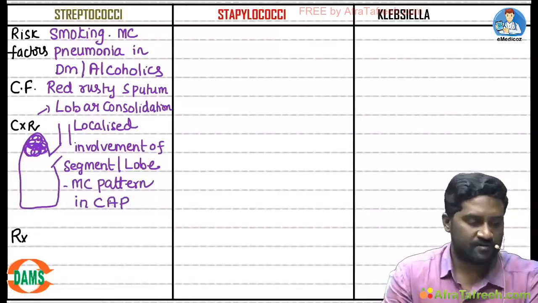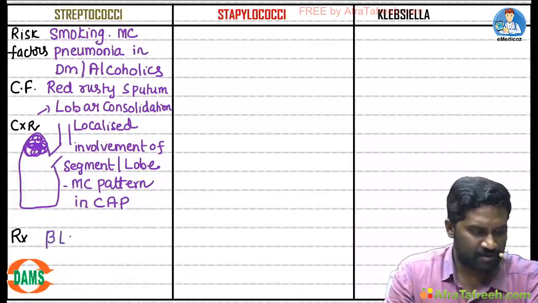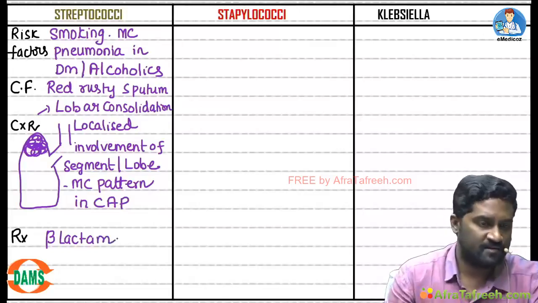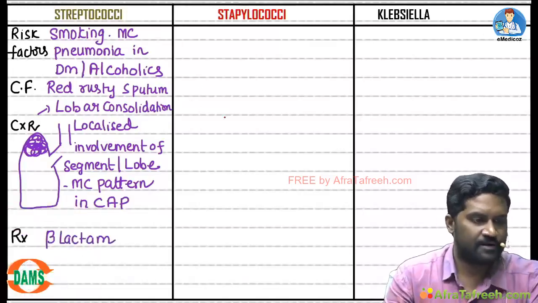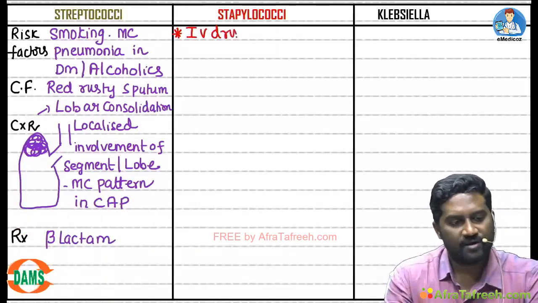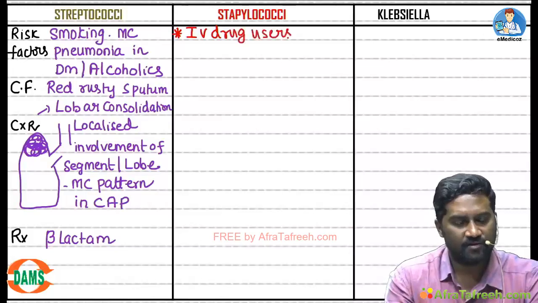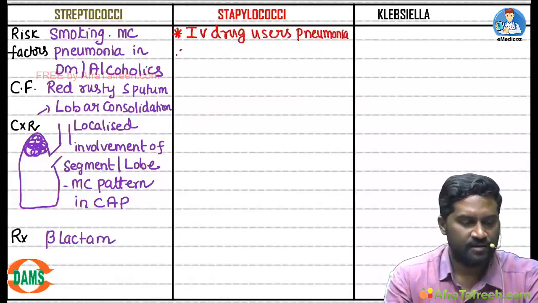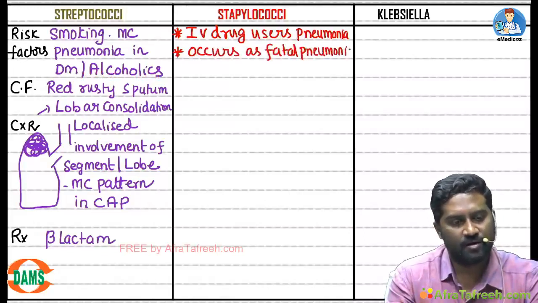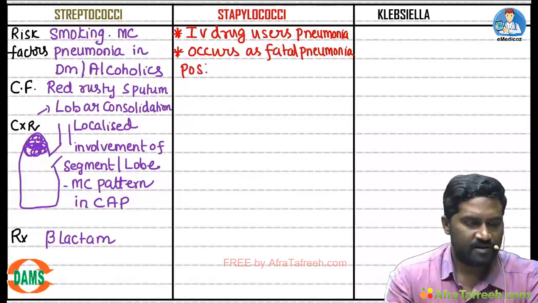Now treatment for streptococcus is generally beta-lactam antibiotics. Then coming to staph pneumonia. Staph pneumonia is also called IV drug users pneumonia, and it can occur as a fatal pneumonia post-viral illness.